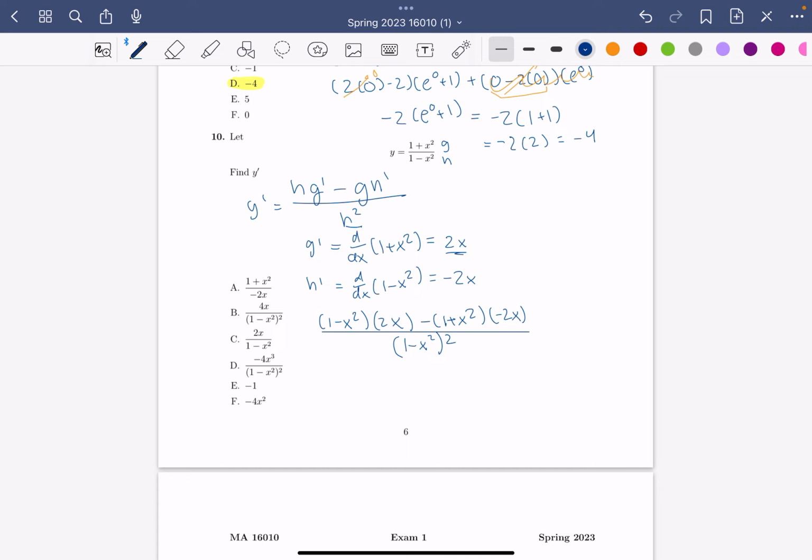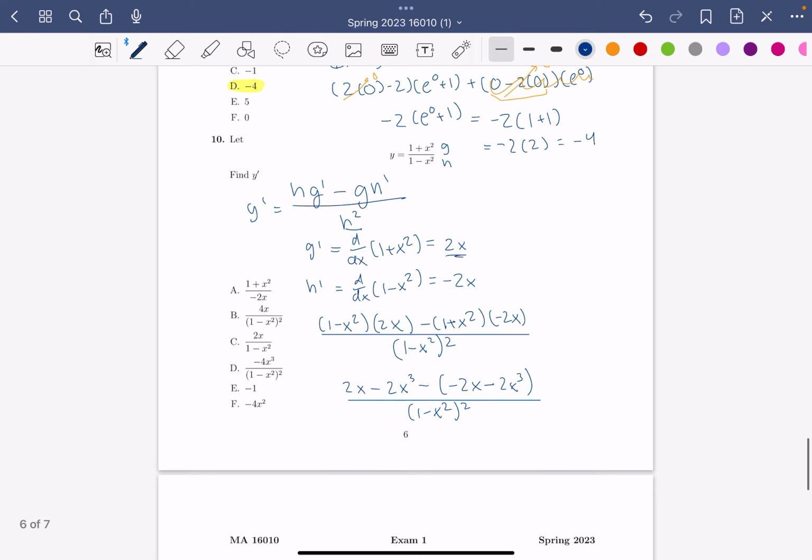Now we're going to simplify this numerator. We're going to distribute, so this first term: 2x minus 2x cubed, minus negative 2x, plus, minus 2x cubed, all over 1 minus x squared, squared.